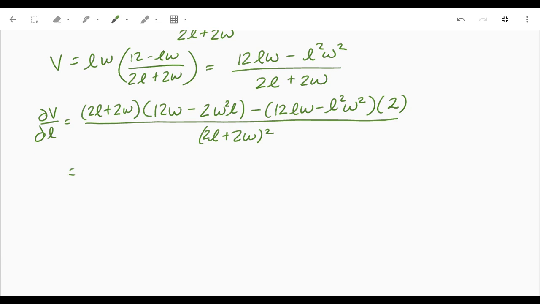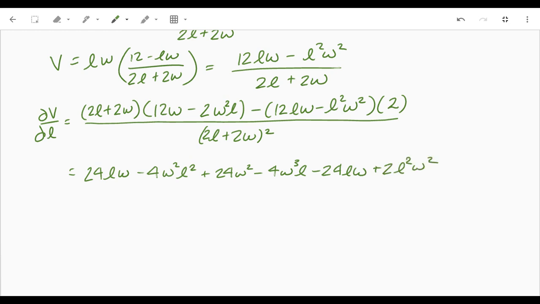We'd have 24LW minus 4W squared L squared plus 24W squared minus 4W cubed L minus 24LW plus 2L squared W squared, over 2L plus 2W squared.